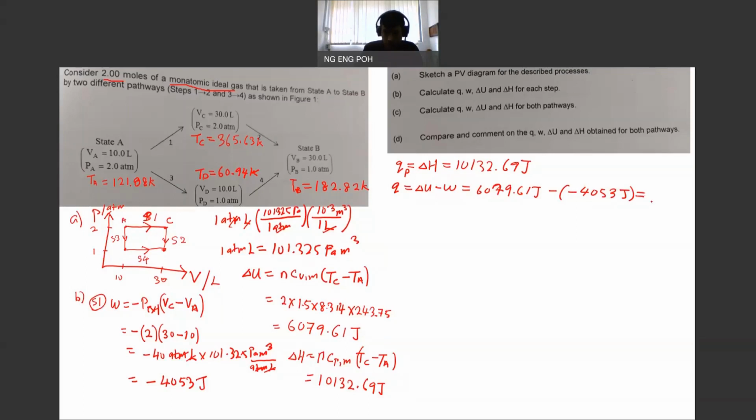You will get the same answer, 10132.61 joule. It's almost the same answer. So this is for step 1.